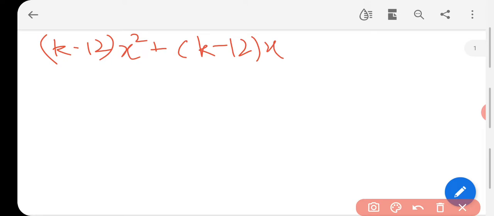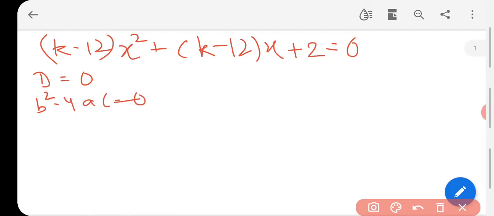The equation given to us is (k minus 12)x square plus (k minus 12)x plus 2. Now beta, the roots are equal, it means D is equal to 0. D equal to 0 what? b square minus 4ac is equal to 0. Now please tell me what is the value of b here? The value of b is the coefficient of x, which here is k minus 12.